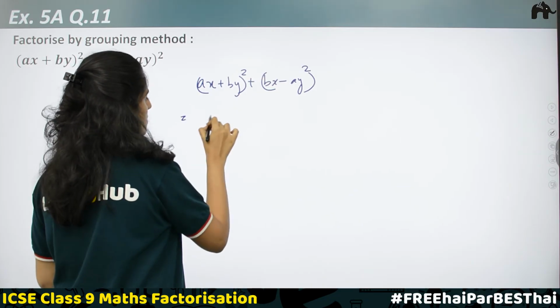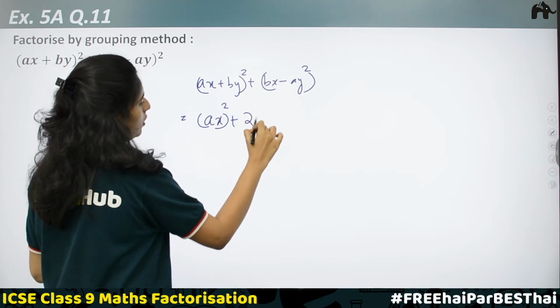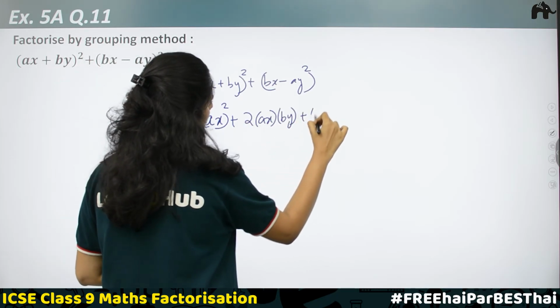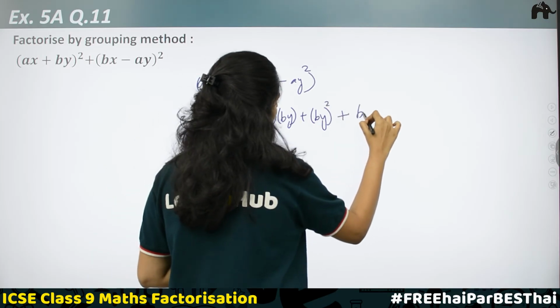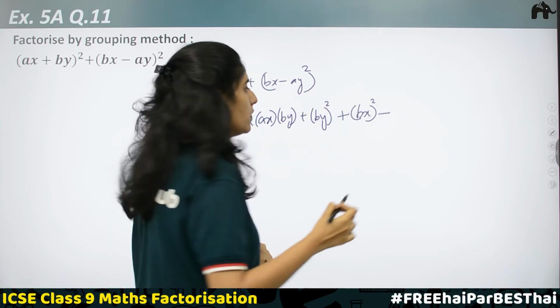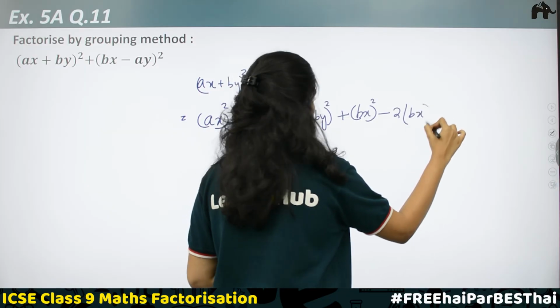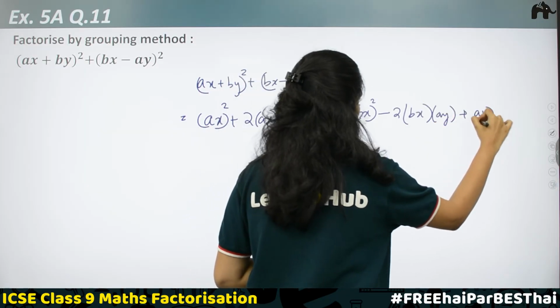Okay. So this becomes equal to (ax) square plus 2 into ax into by plus (by) whole square plus (bx) whole square. This is of the form (a minus b) whole square. So a square minus 2ab, 2 into bx into ay plus (ay) square.